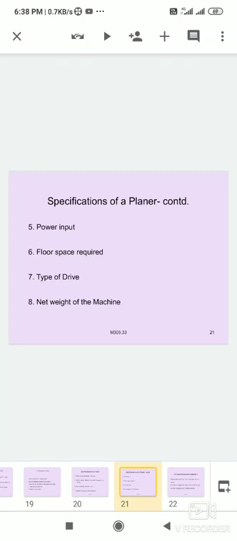The other end of the piston rod is connected to the table. The motion of the table is controlled by hydraulic pressure. During idle stroke, less force acts on the piston.